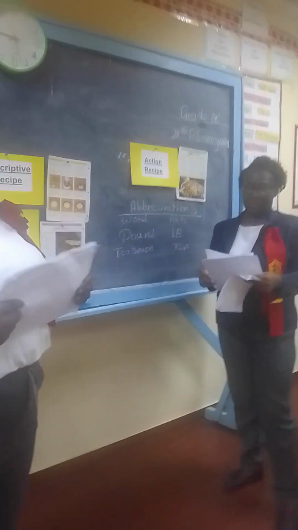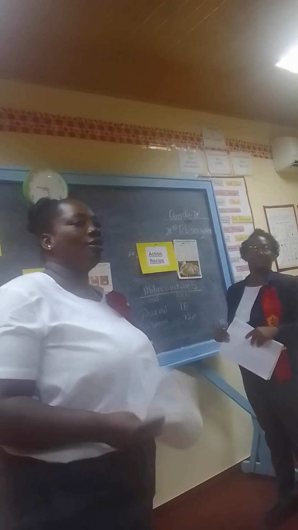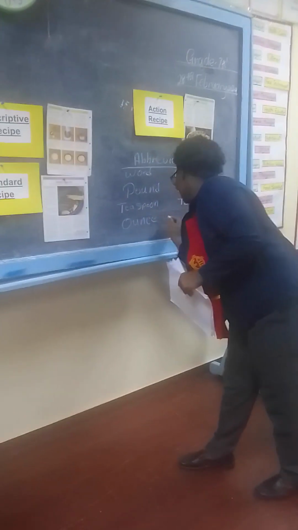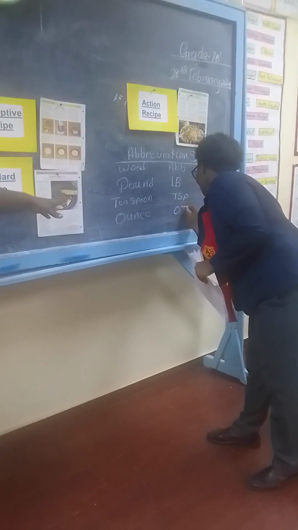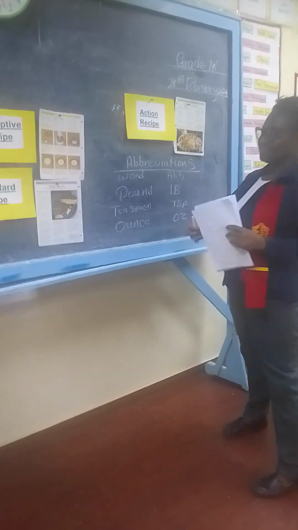Great, so it seems that my students are bright. You guys grasp the concept, and that is great. Let's try another one. Ounces or ounce, do you see anything there? Yes, Miss. OZ. Great. So we have ounces and the short form for that is OZ. Thank you. You guys were a great bunch.